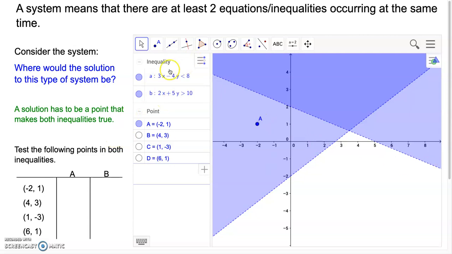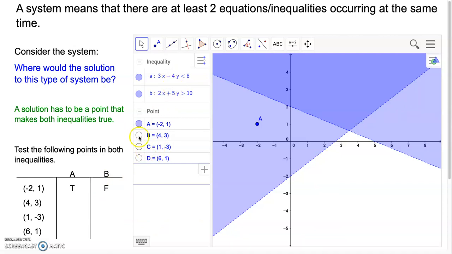So for point A, if I plug it into my first inequality, I would get a true statement because it's contained within the shaded region for inequality A. But it's not contained within inequality B's shaded region. So we would get a false statement if we were to plug it in here.